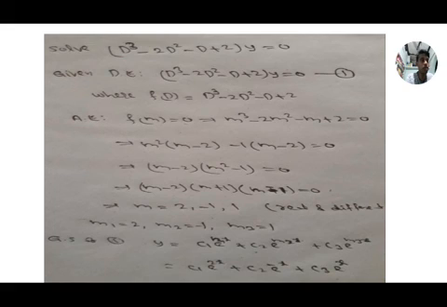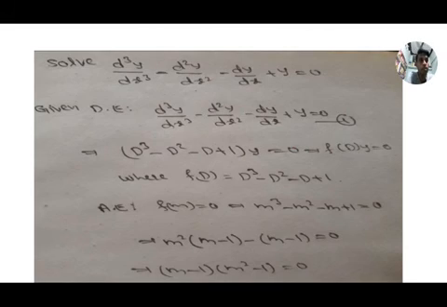Next problem. Solve d cube y by dx cube minus d square y by dx square minus dy by dx plus y equal to 0.